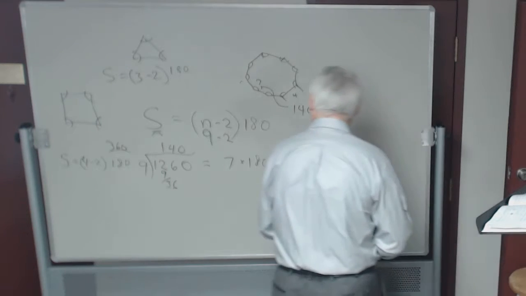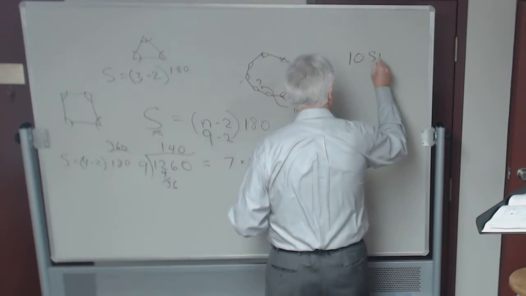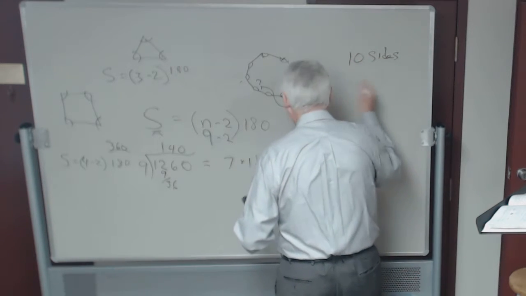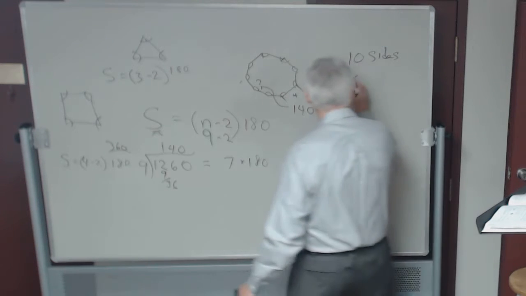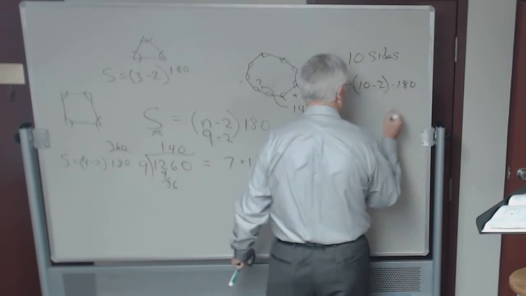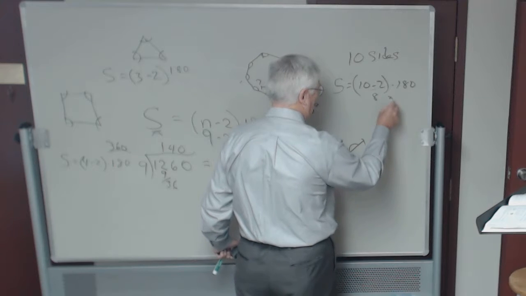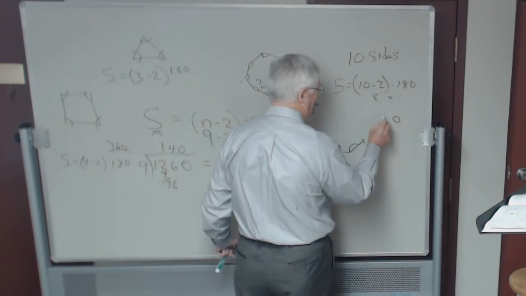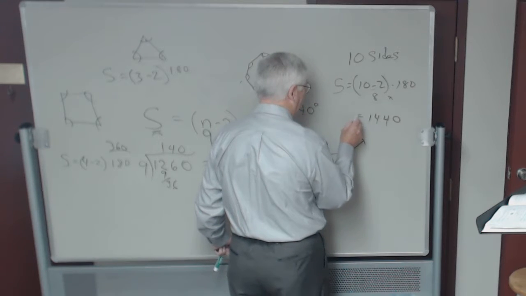What about 10 sides? What if it had 10? If it has 10 sides, it has 10 angles, right? So S equals 10 minus 2 times 180. That would be 8. What's 8 times 180? 1440, and that's the sum.